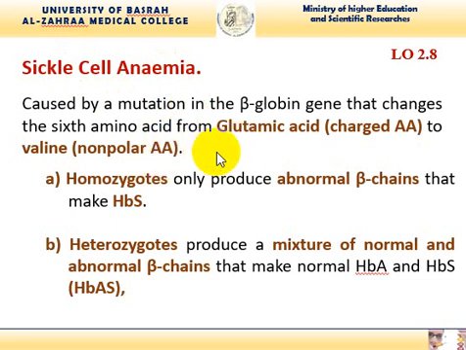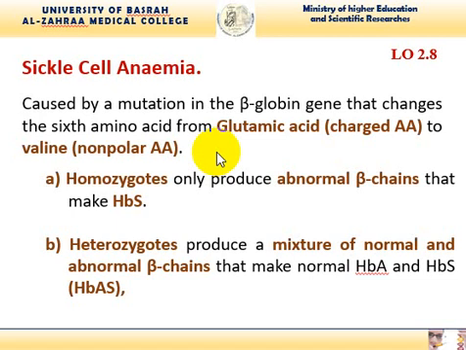Glutamic acid is a charged amino acid, and valine is a non-polar amino acid. Normally, in normal hemoglobin, the 6th amino acid is glutamic acid. In sickle cell anemia, this 6th amino acid is replaced by valine.